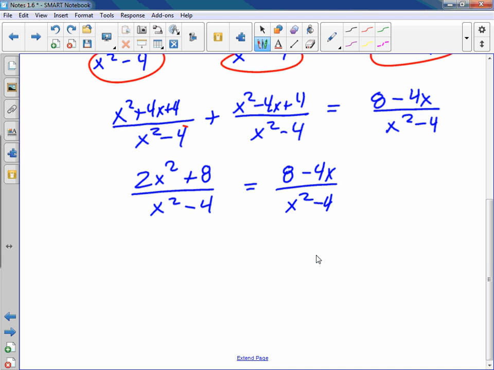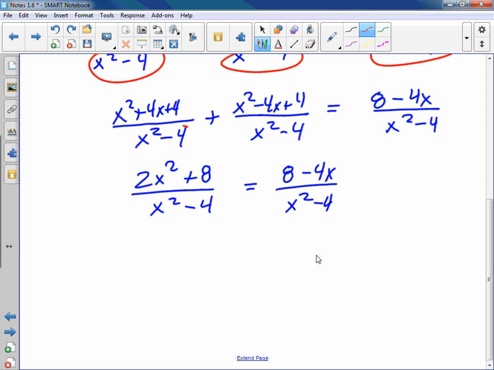Okay, and at this point, you can, and often people do, say, oh, okay, I've got everything over a common denominator. And you can subtract it if you want.